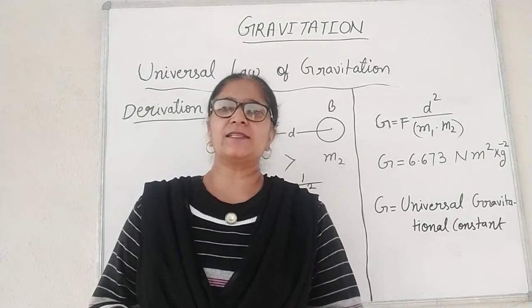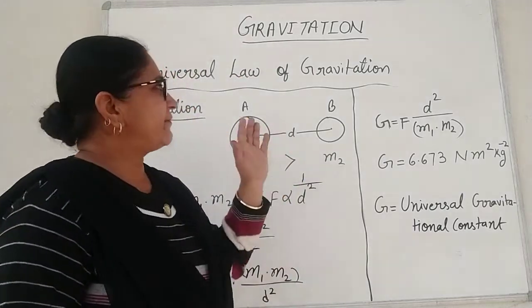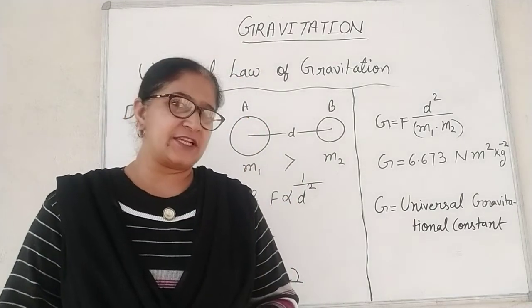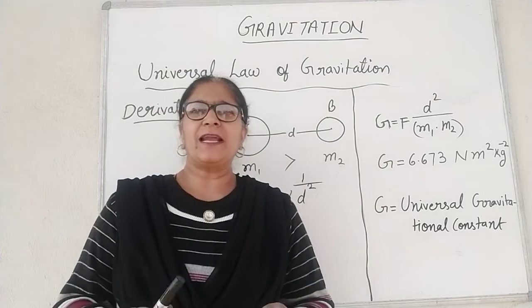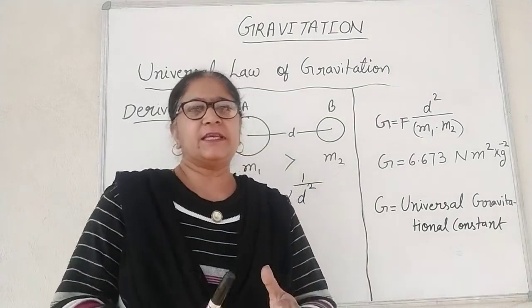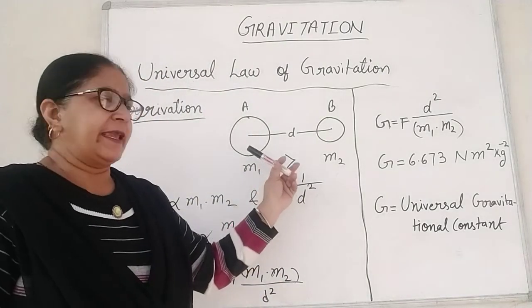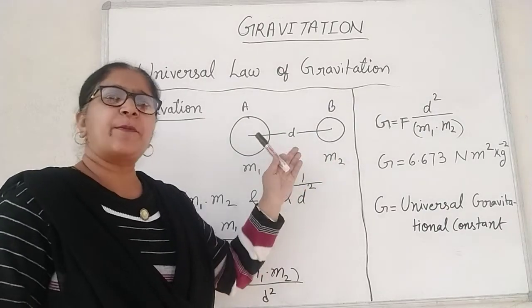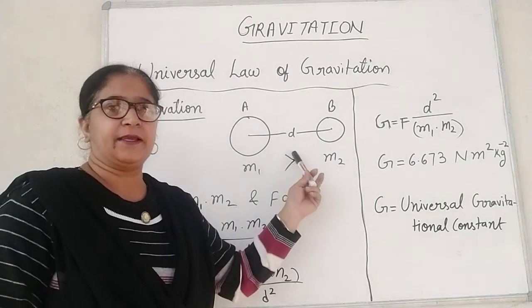In today's class, we will discuss the derivation of the universal law of gravitation. Now let's see. There are two objects A and B separated by a distance d.